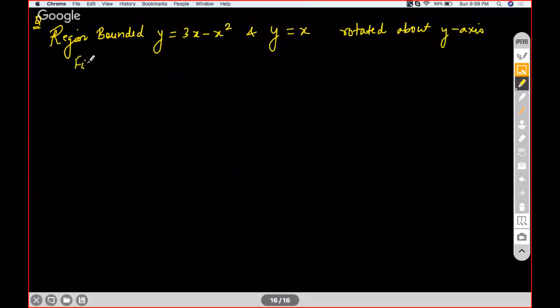Okay. Area bounded by y equals 3x minus x square and y equals x is rotated about the y axis. Find the volume of the solid generated. Sketch the curve first. Very important to sketch it correctly. y equals x is a line like this.